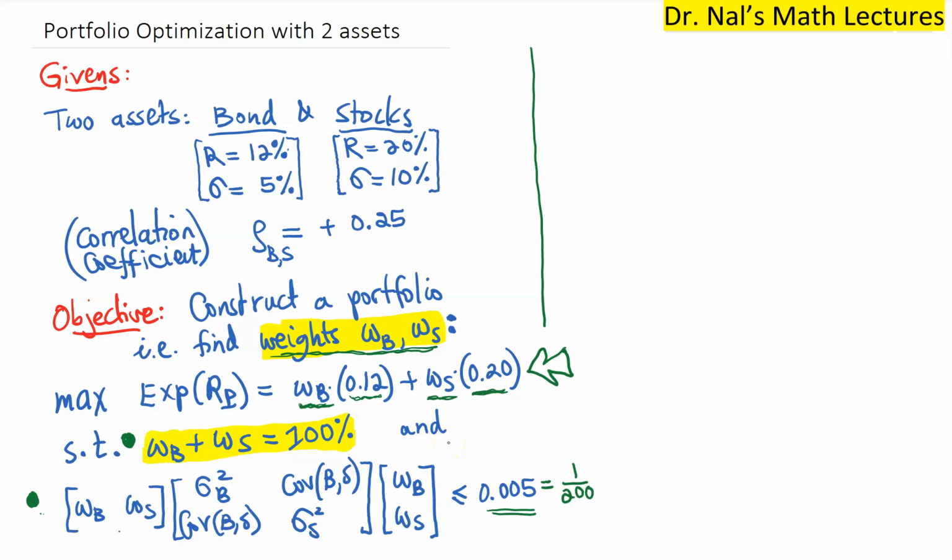Once we expand it out, we want to substitute an expression, for instance, express WB in terms of WS, I would say, right? So the weight of the bond is 100% minus the weight of the stock. 100% is just equal to 1, right? So we can just do that simple substitution. But first, let's go ahead and start with that expression at the bottom. Let's make sure we know how to expand that out.